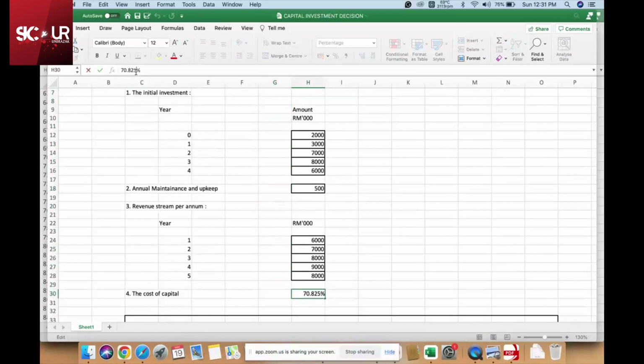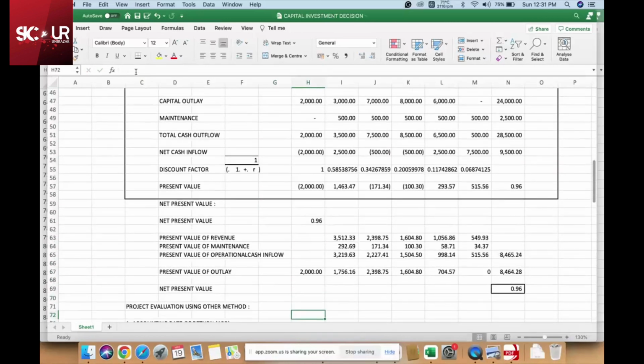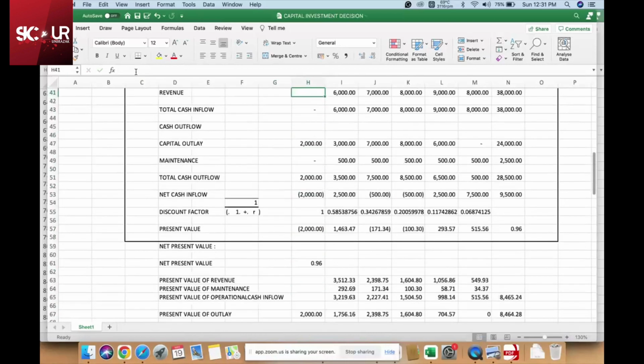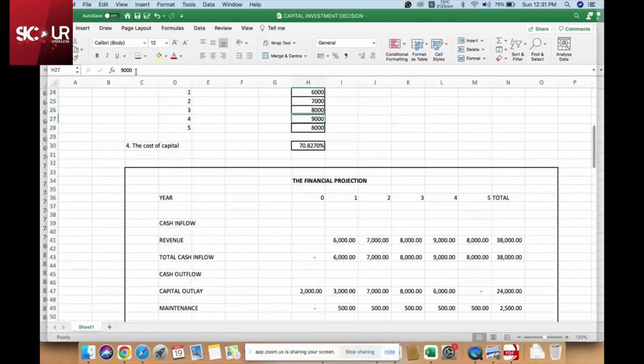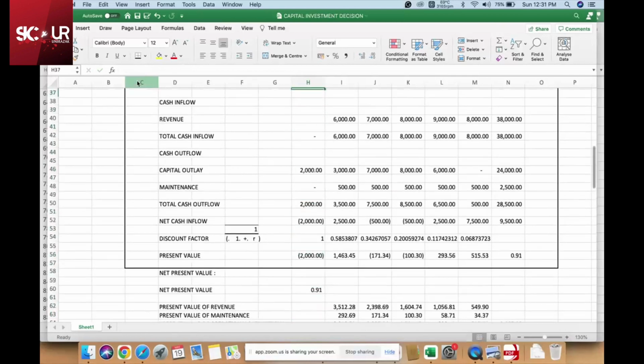Maybe 70.87. Yeah, almost 0.96. So it is still positive. So we need to go higher. 91. We need to go higher.